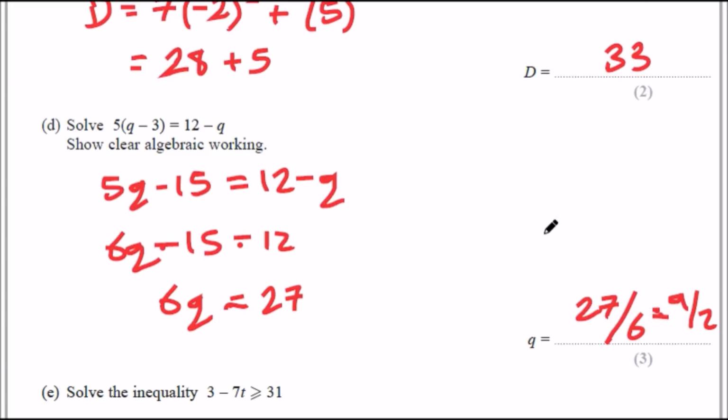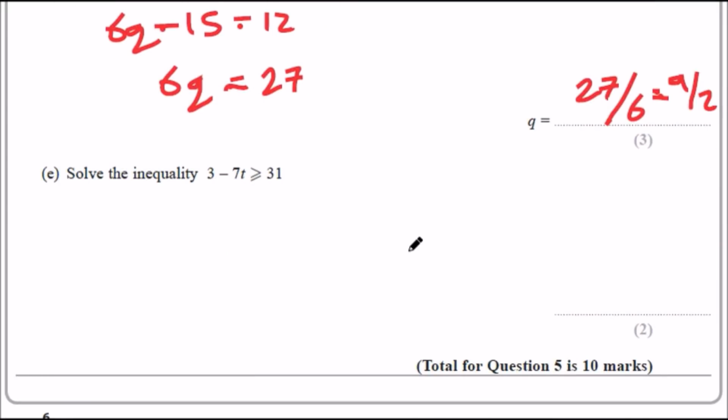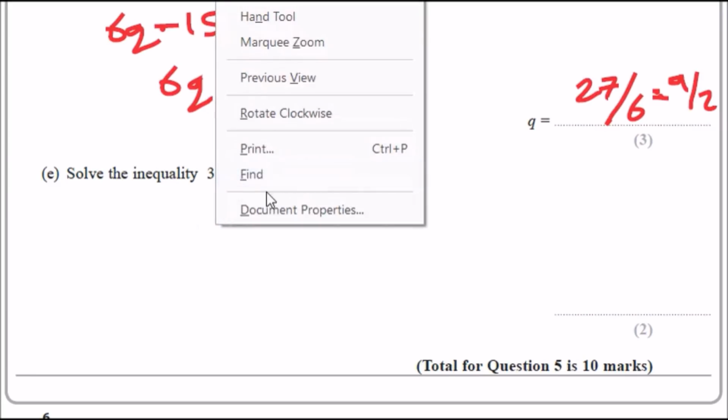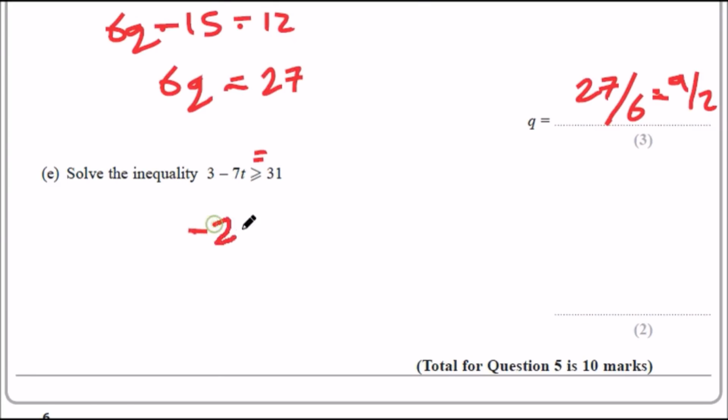Okay. Solve the inequality. This is that easy. Just treat the inequality like an equal sign. Yeah. So just pretend this is like an equal sign. So we've got 3 minus 7t greater than or equal to 31. So what I want to do is add 7t across, and that would just make it easier. And subtract 31, so we're going to have minus 28 here, greater than or equal to 7t.